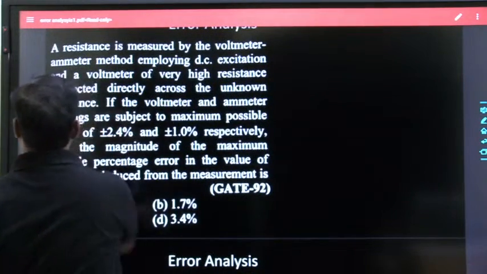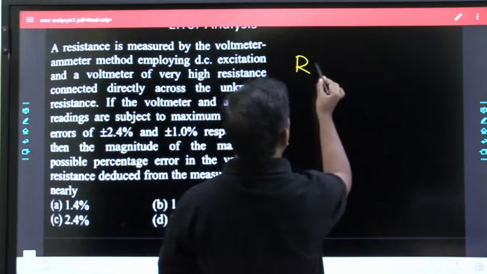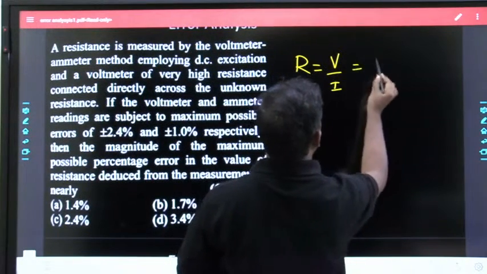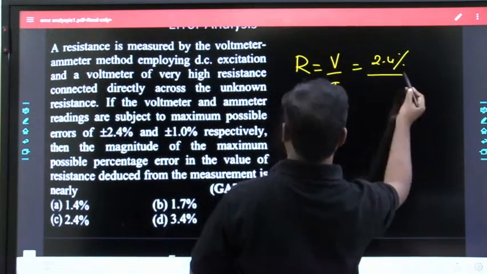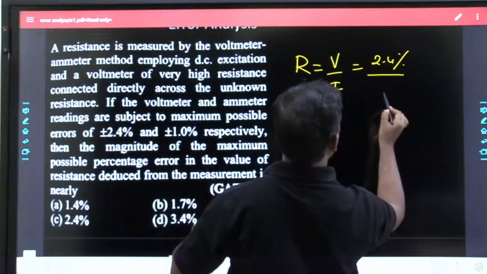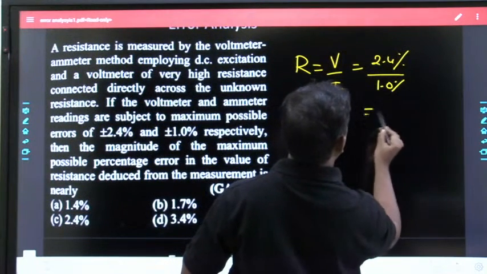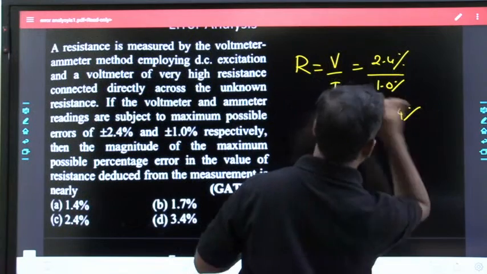Yes or not? You may be thinking like this, sir, R is equal to V by I. So V means 2.4% and I means 1.0%. So if you add, 3.4% is the answer for the previous problem.